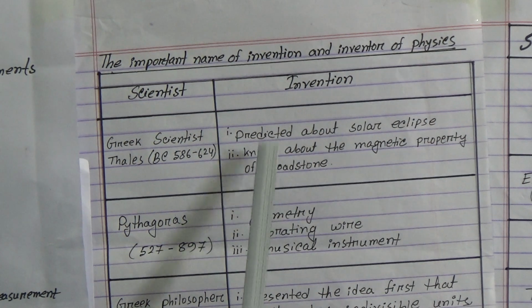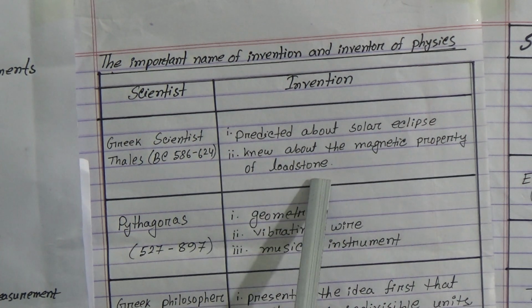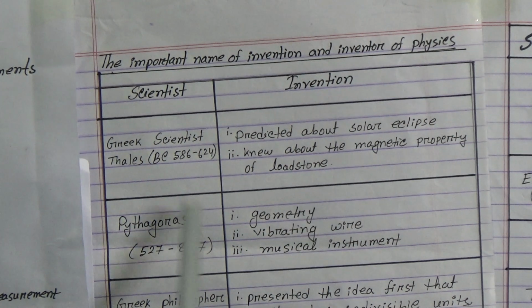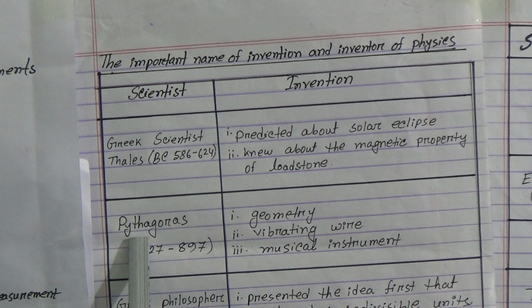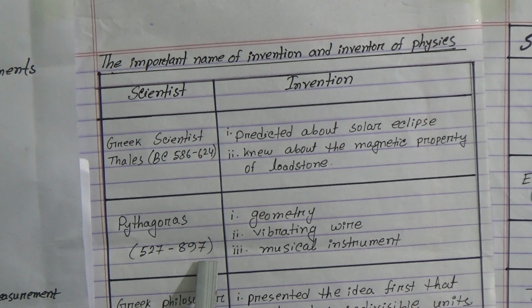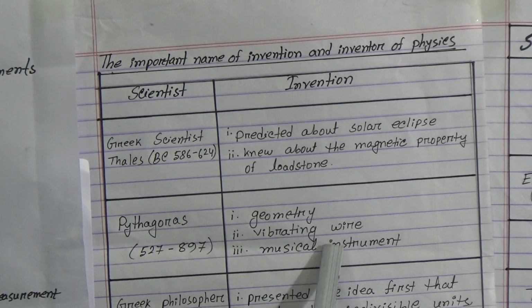Number 2, knew about the magnetic property of lodestone. Pythagoras, 527 to 897. His invention is geometry, vibrating wire, musical instrument.